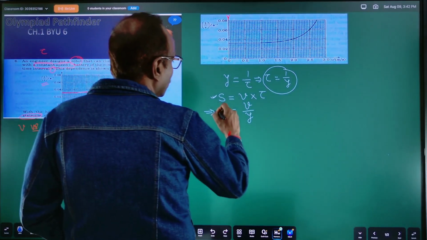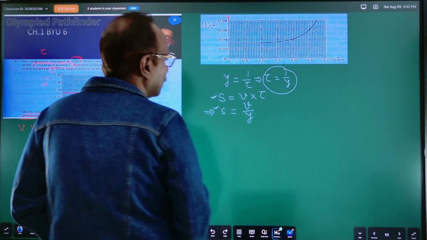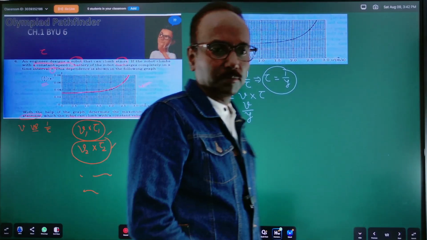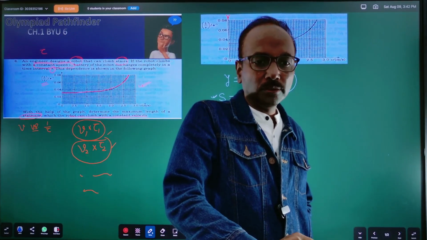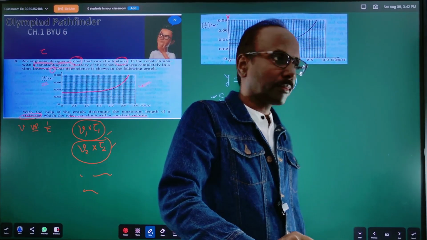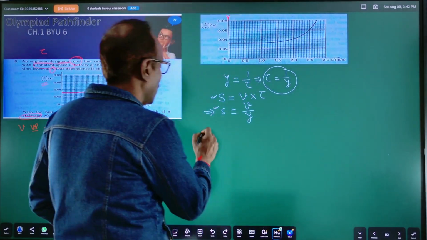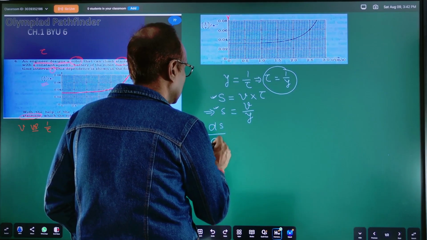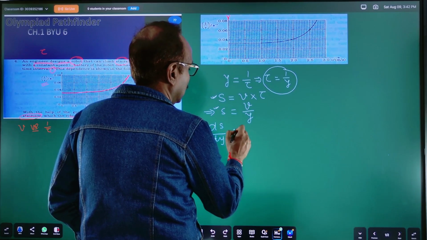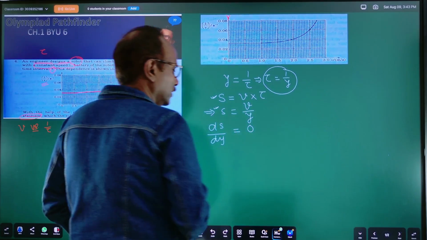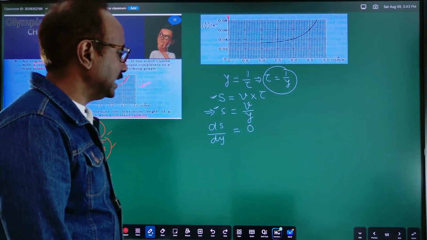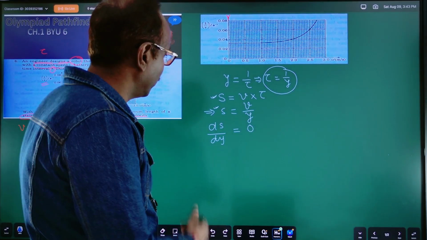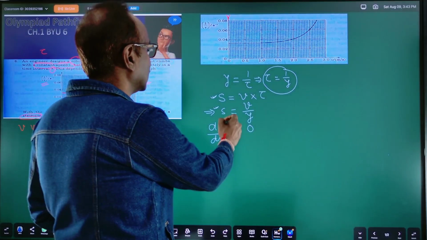So for s to be maximum, we will use mathematics. You know the maxima minima case. If we use that case, ds by dy equal to 0 gives a condition for which s will be maximum.